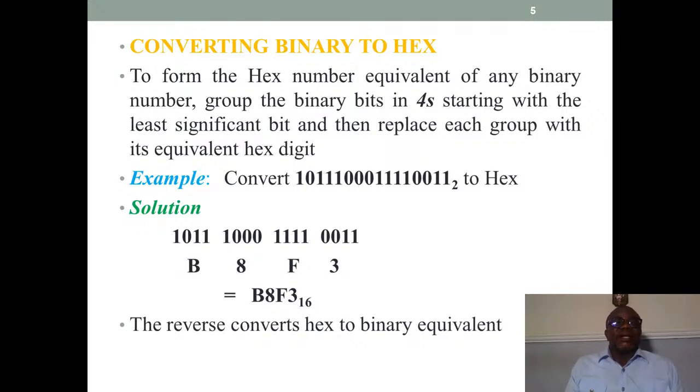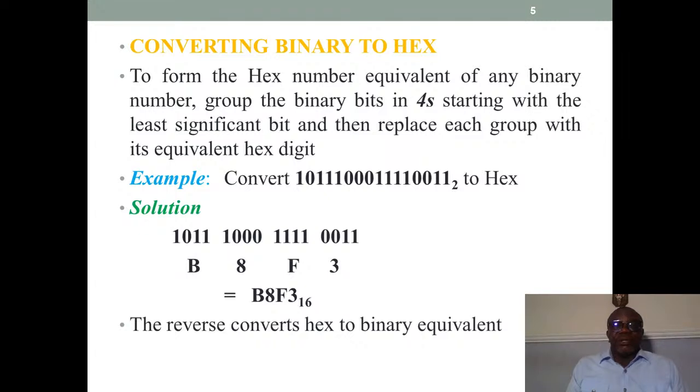So to do that, you have to form the hex equivalent of any binary number you want to convert. Group the binary bits in fours, starting with the least significant bit. Then replace each group with its equivalent hex digit.